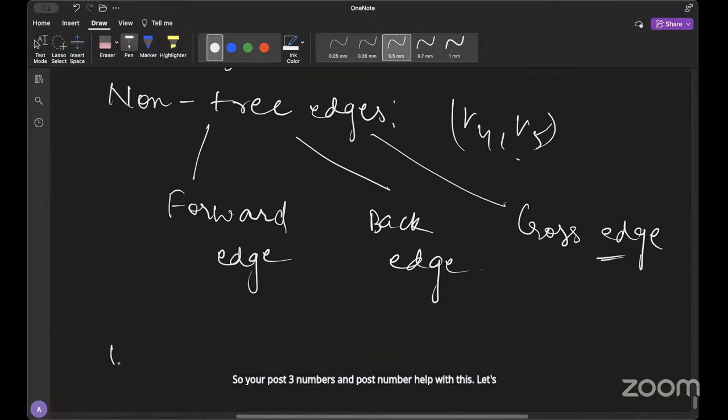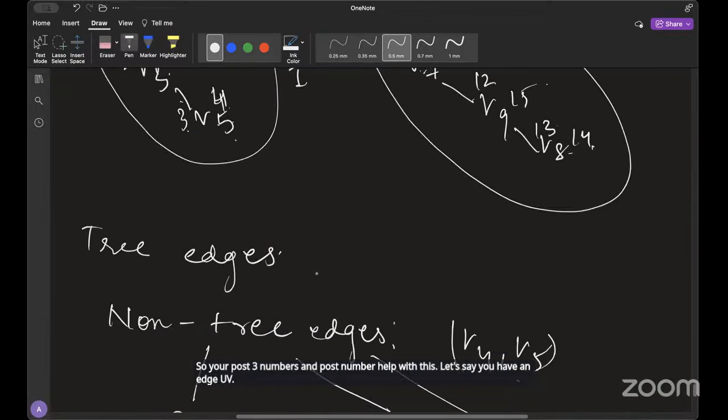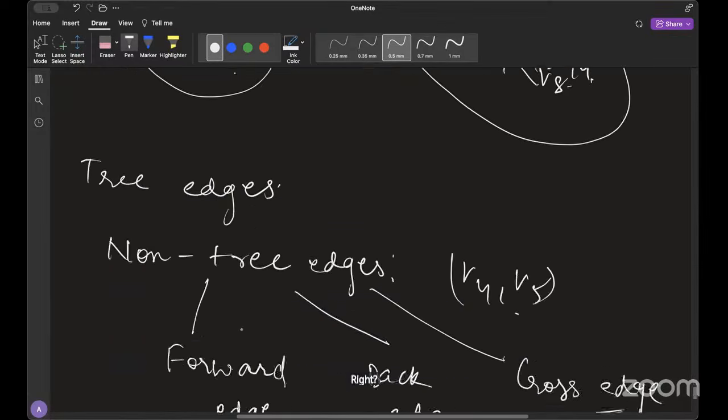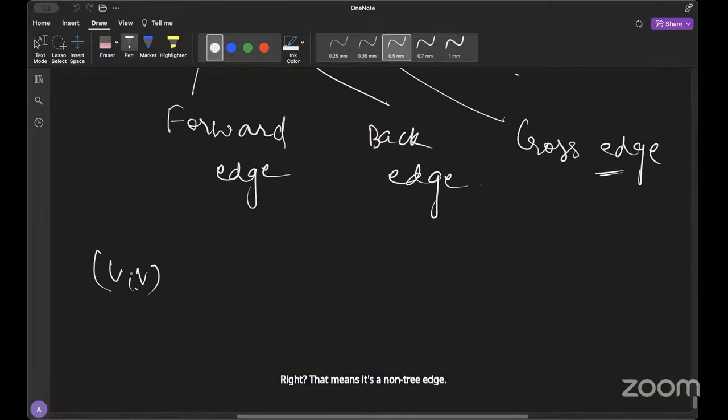Let's say you have an edge UV, which was there in the graph, but it's not in the tree, right? That means it's a non-tree edge. So UV is a non-tree edge. And let's say the pre-number for U is 4 and post number is 10. And the pre-number and post number for V is 5 and 6.